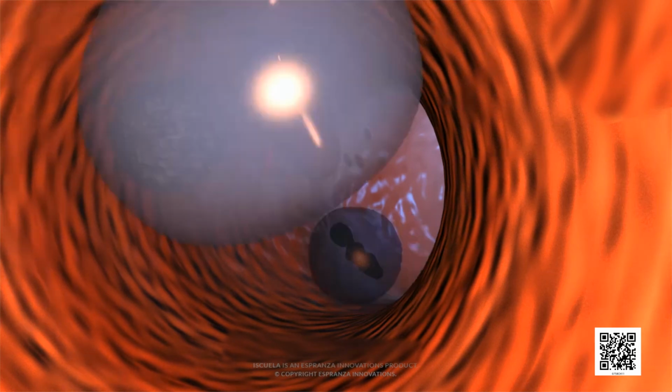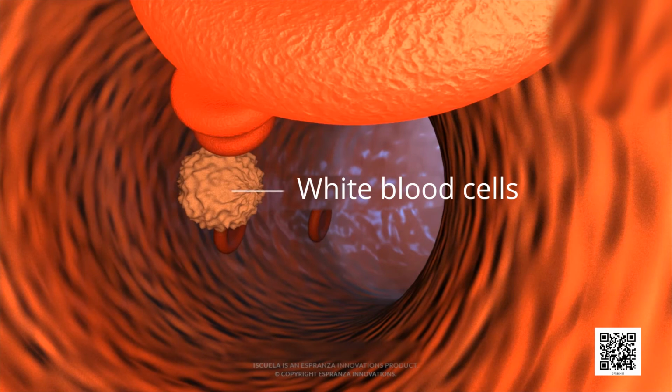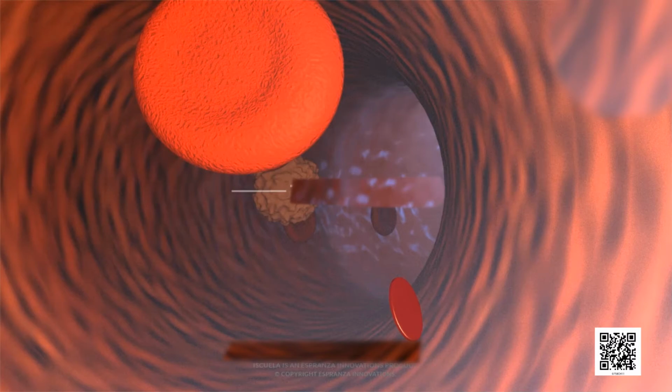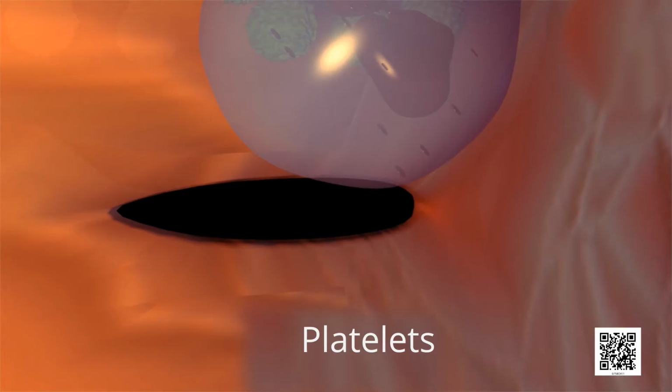Second type of cells in blood are called white blood cells or WBCs. These white blood cells help to fight against germs which may enter our bodies and cause diseases. Third type of cells in our blood are called platelets.